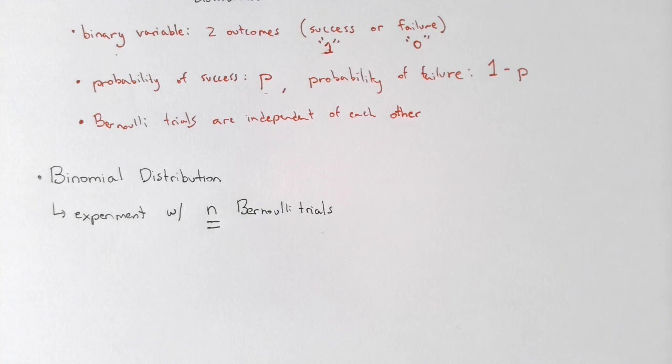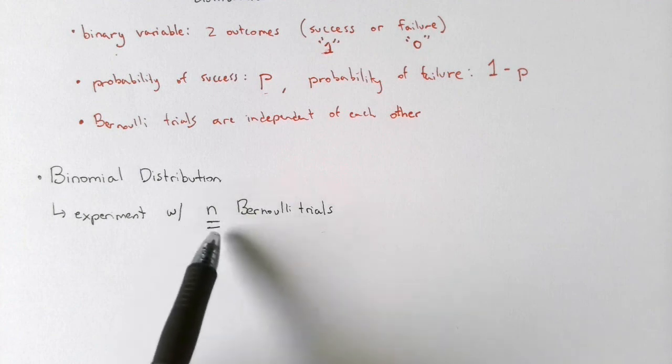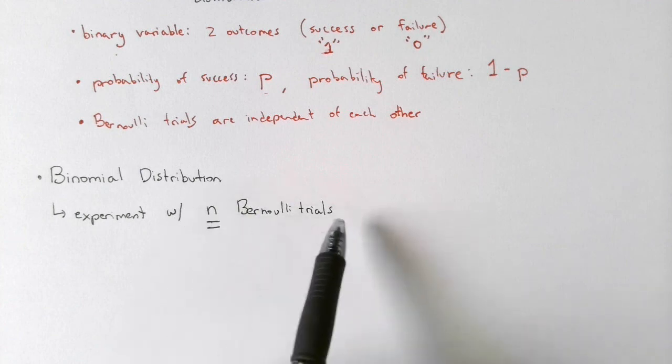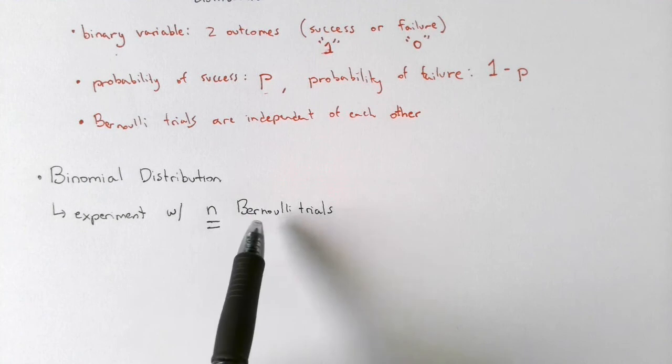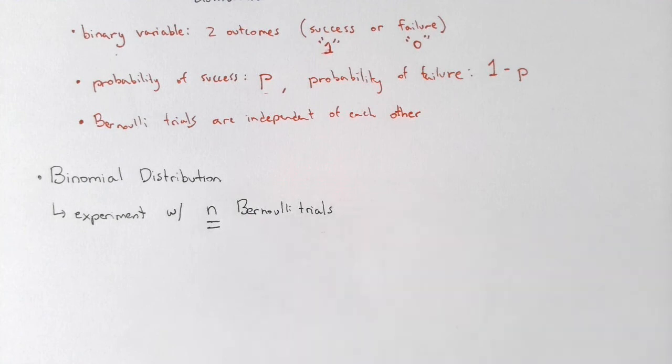However, just because each trial is independent of the one before it doesn't mean that if we take the experiment as a whole, our distributions will always be the same. In fact, what the binomial distribution is going to tell us is that depending on the number of times you run the trials, the number of times you run the experiment, then your probability mass function will change.